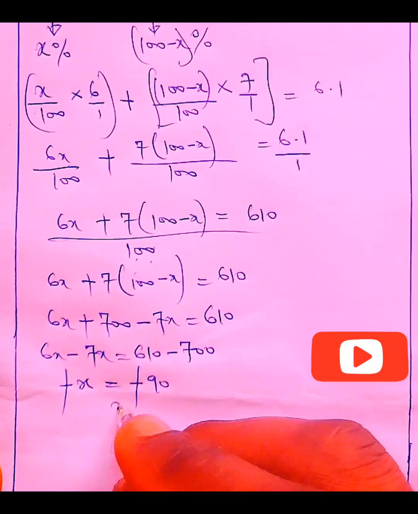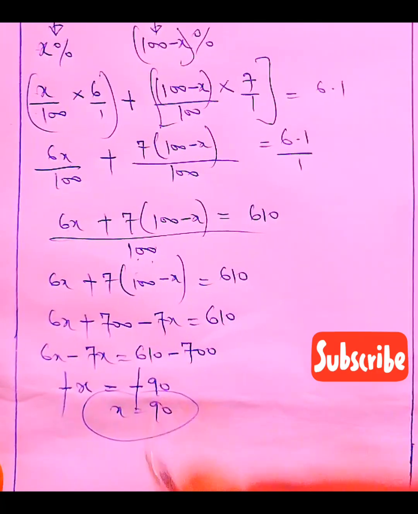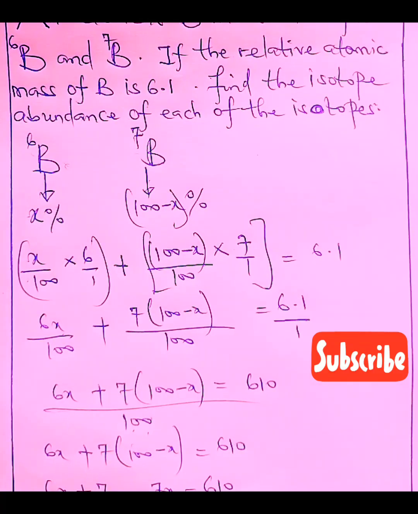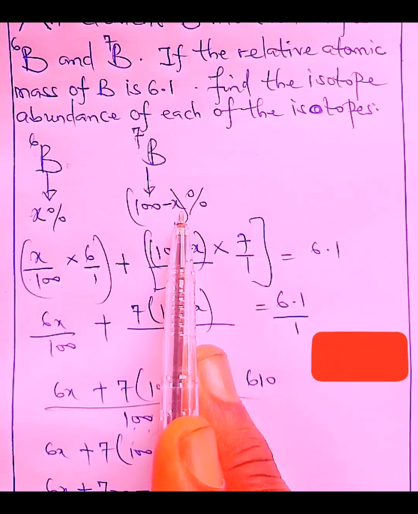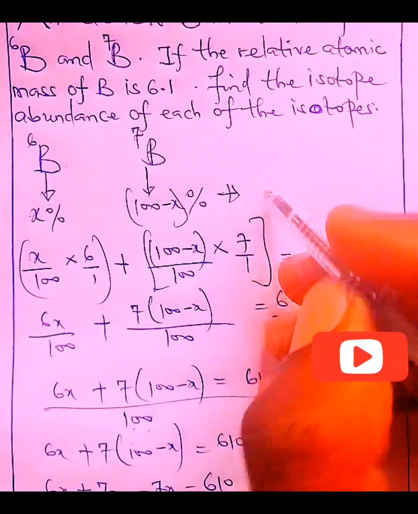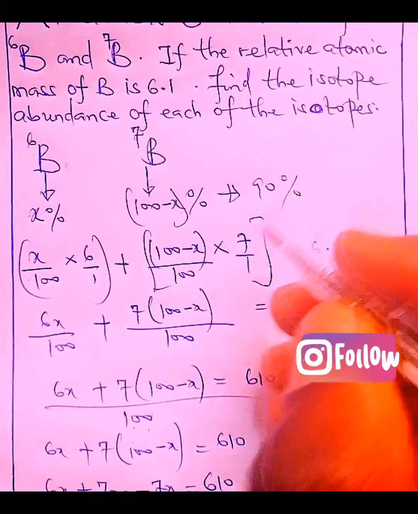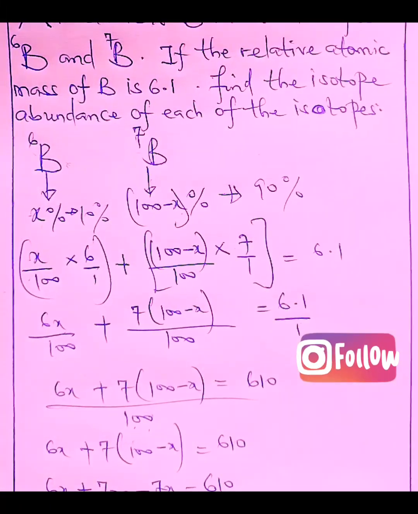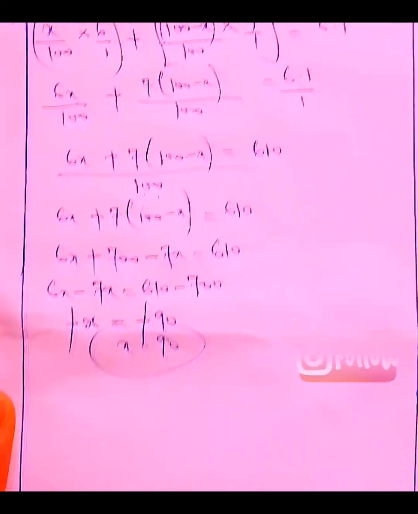So minus x equals minus 90, and x is 90. So if the x here is 90, what does it mean? It means the other one here is 100 minus 90, which is 10%. So this exists 90% in nature, while this exists just 10% in nature, as simple as ABC.